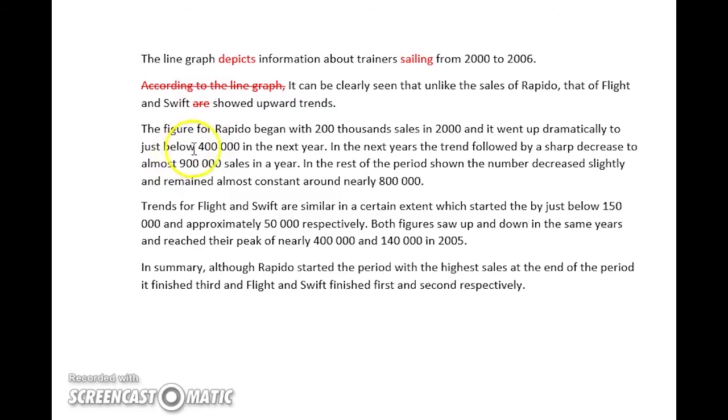The figure for Rapido began with 200,000 sales in 2000 and it went up dramatically to just below 400,000 in the next year.